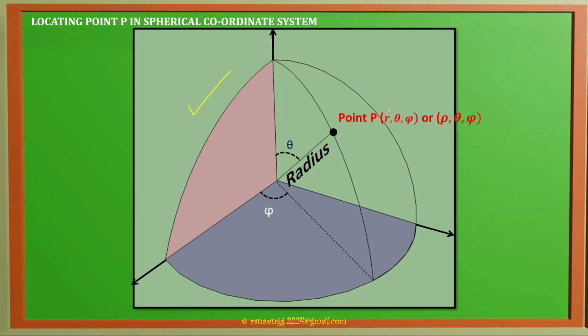These three are radius r from the center, angle theta from the z axis, and angle phi with respect to the xy plane, the complete rotation. In a few books, radius r is also represented by rho. These are interchangeable, so according to the requirement, you can change this notation.